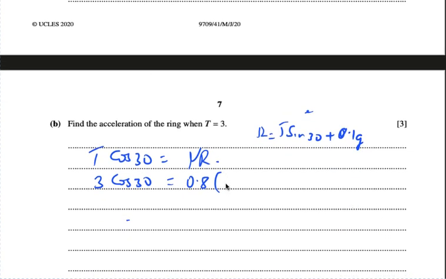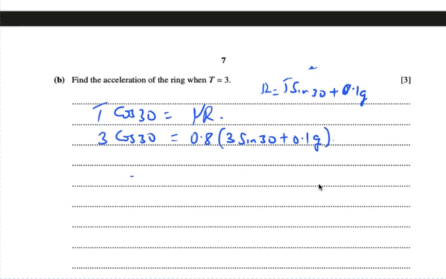So instead of T we put 3 sine 30 plus 0.1 g. Okay, now we have got the correct version. So we subtract the two, because if you equate the two, that means the ring is not going to be moving, but they want it to accelerate, so we have to get the resultant of the two.